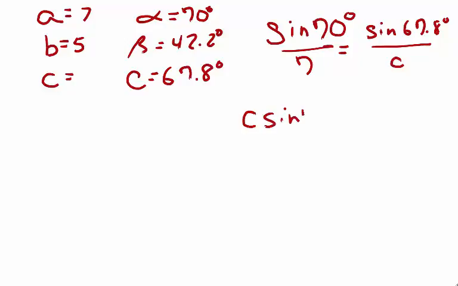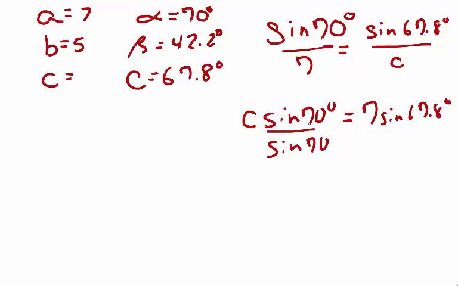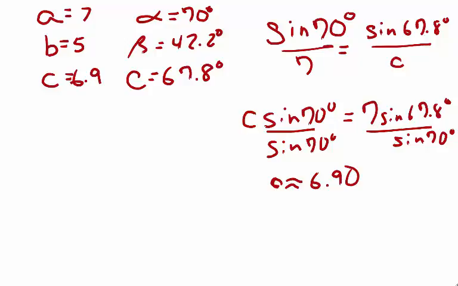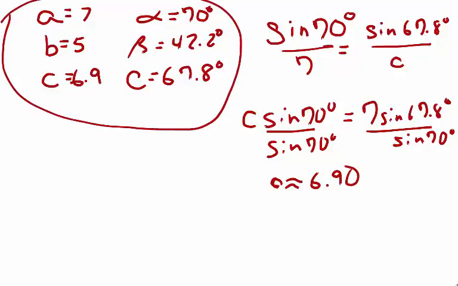C sine of 70 equals 7 sine 67.8. Divide sine of 70 from both sides. And it turns out that side C is approximately equal to 6.90, or 6.9. So now we have solved this triangle.